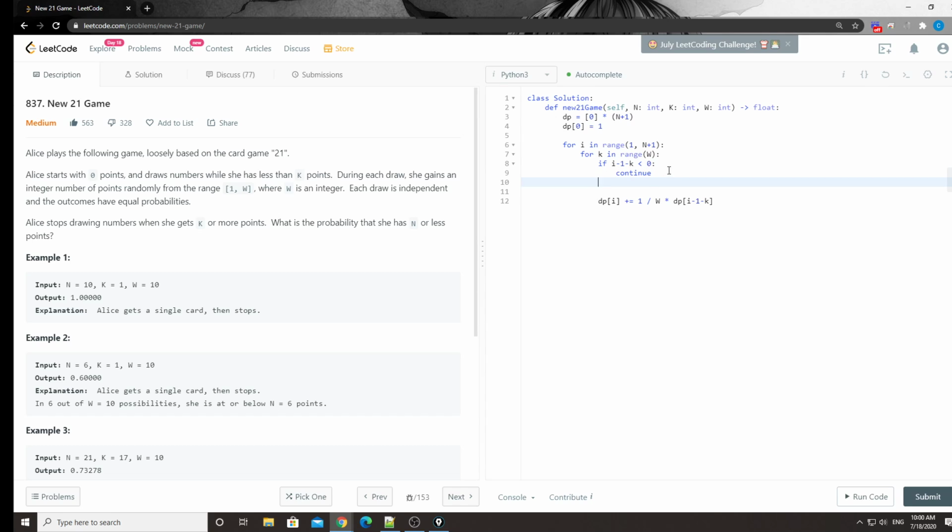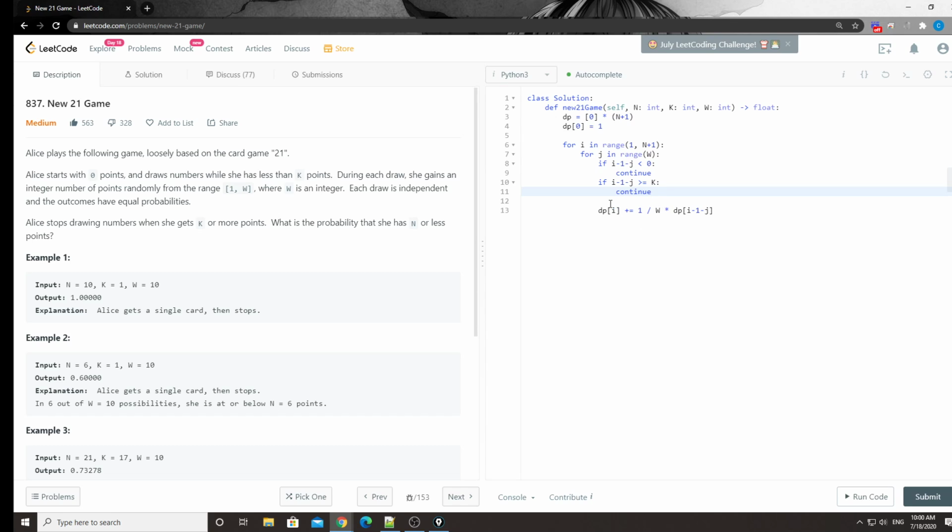And the second one is this, right? Oh, we have a K here, so maybe I'll use a J here just to distinguish that K. Yeah, I'll use J. And if J is greater or equal than K, then we also continue.